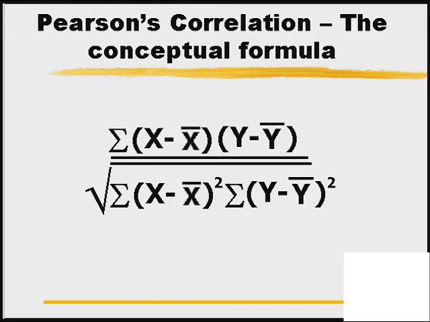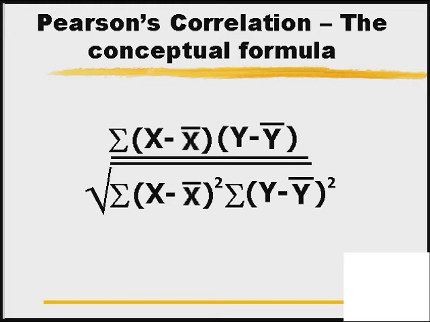So what you look at is the sum of the individual's score minus the average score for the x variable, and you add all of these up, and then you do the same thing for the y, which is the individual's score on the second variable y, minus the mean score in this instance too.